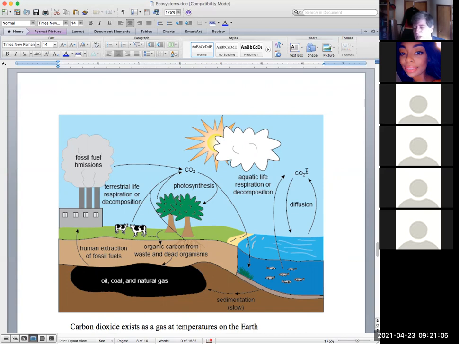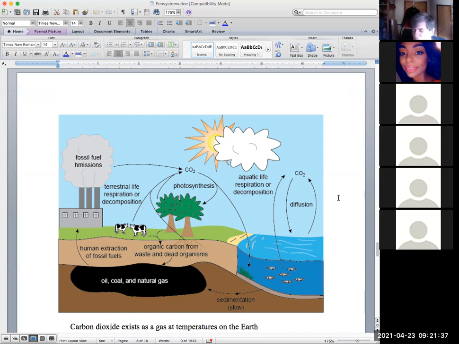Now, remember what we said about water in the ocean and water vapor a few minutes ago, that when we have a liquid in contact with air, there's diffusion across the two surfaces. So when we have carbon dioxide in the atmosphere, some carbon dioxide will diffuse into the water. Carbon dioxide that's in the water diffuses back into the air. And again, there's typically an equilibrium between these processes under normal circumstances.